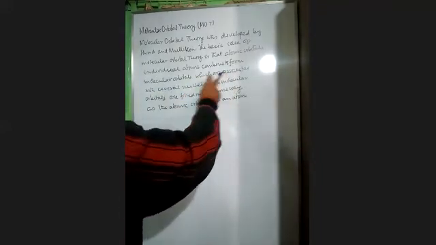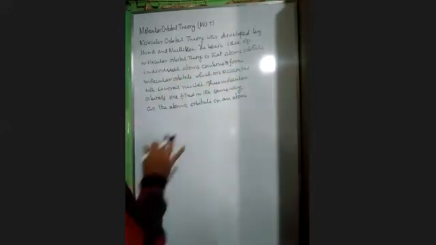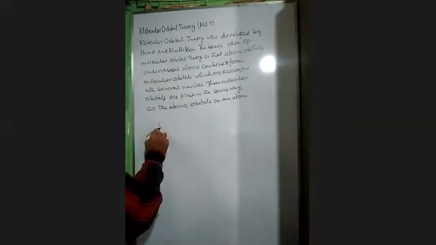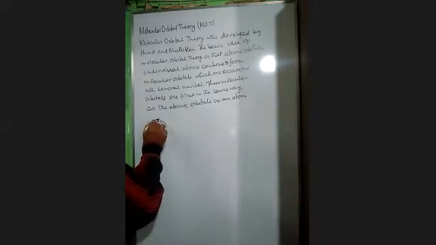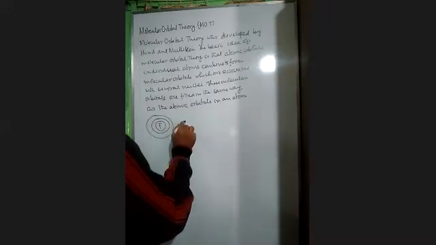What is the meaning of which are associated with several nuclei? Okay, I'll show you. Say you have taken fluorine. I'm not drawing the electrons. See, 2 fluorine. Fluorine has 1s2, 2s2, 2p6. So this is the fluorine nucleus. This is the first shell, and this is the second shell.